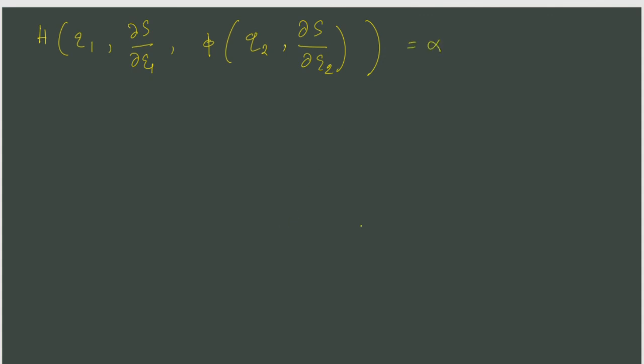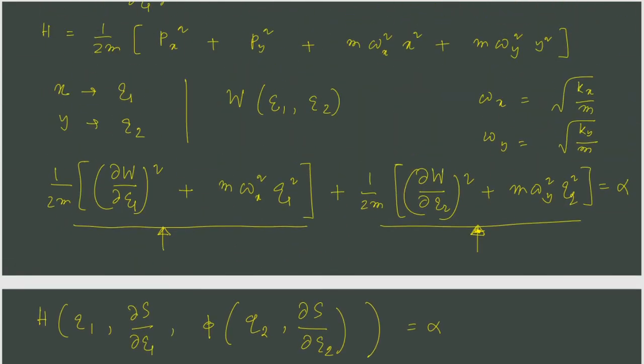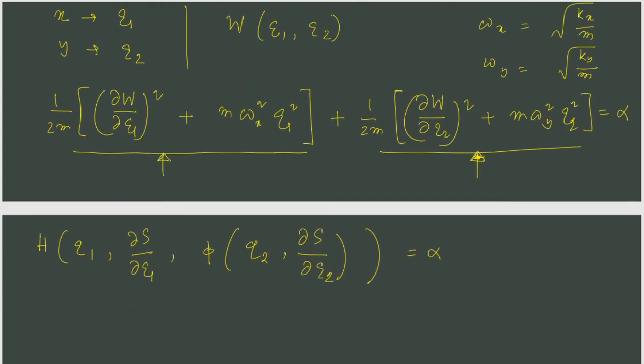Look at the previous equation: we had two additive parts, each with its own energy, so we can equate this part to a constant value and integrate it out. Similarly we can do the same thing with q2, and then compare the expressions and find a general expression in terms of q1 and q2.